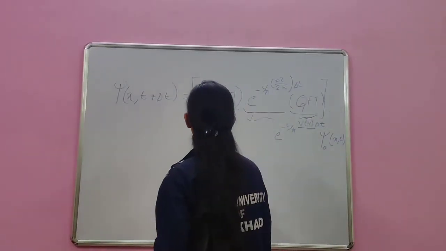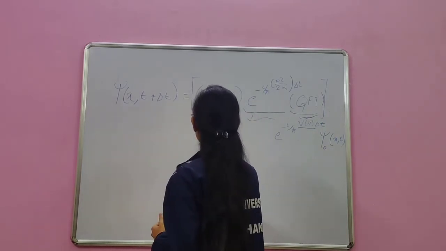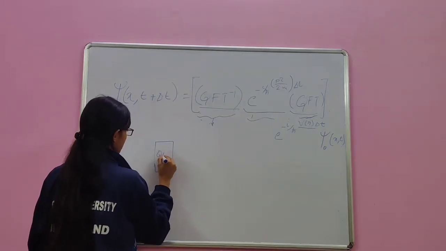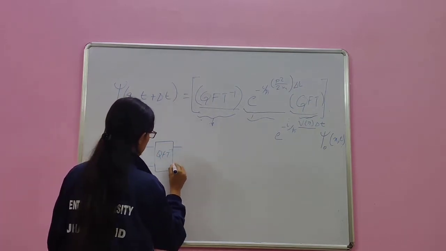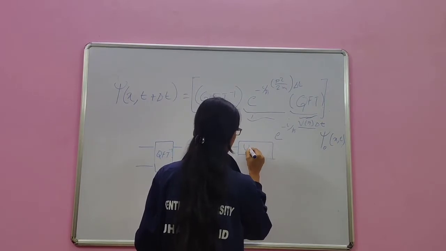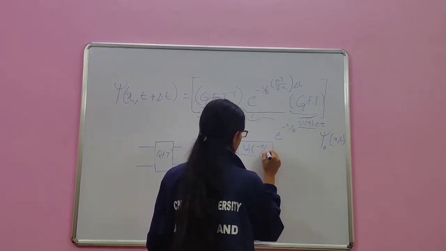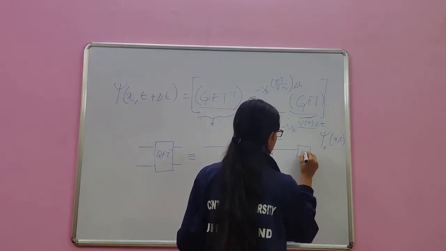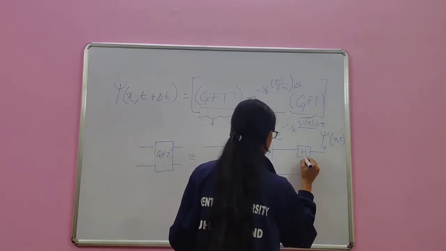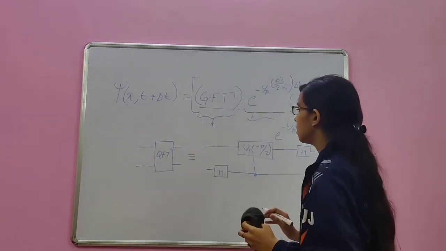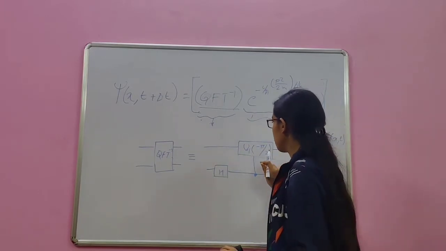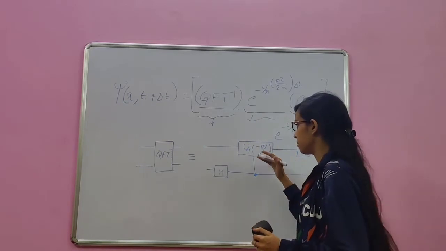For the inverse quantum Fourier transform, for a 2-qubit system, we use two Hadamard gates and one controlled phase gate. Here the angle will vary.